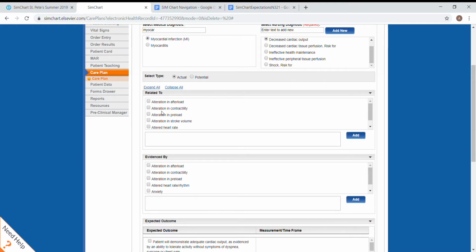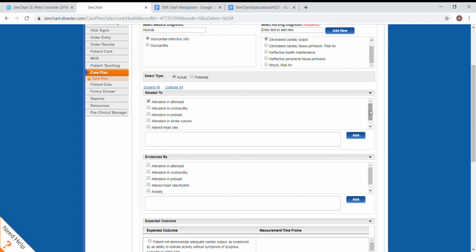This pops up with related-to sections that are pre-populated, and I'm just going to say alteration in afterload.